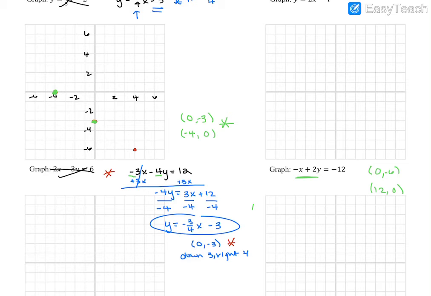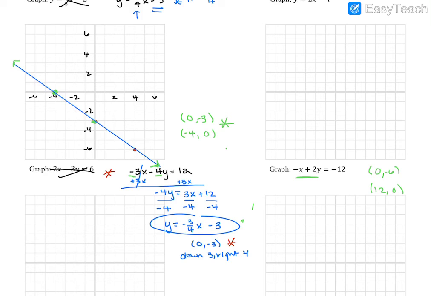So it doesn't matter if you went the route of finding intercepts or converting it. Either way, you're going to be able to get to that line that we're about to draw in. So there's our line. Make sure we put arrows going both directions because that line does continue forever in both directions. And that graph is done.